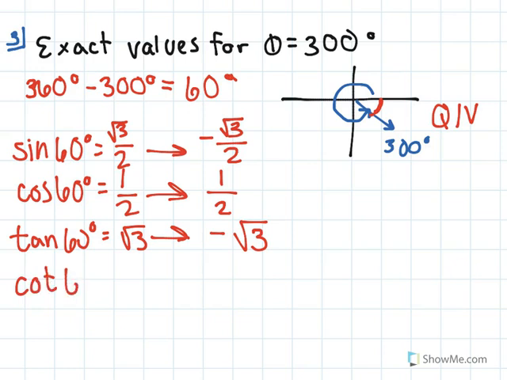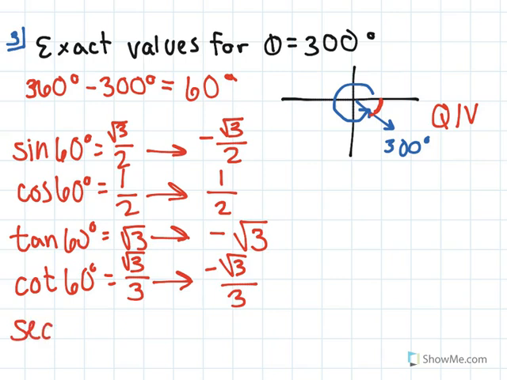Cotangent of 60 degrees is the square root of 3 over 3, and cotangent would be negative in quadrant 4, so we're going to have the negative square root of 3 over 3. Secant of 60 degrees is 2, and secant is positive in quadrant 4, so secant of 300 degrees is just positive 2.